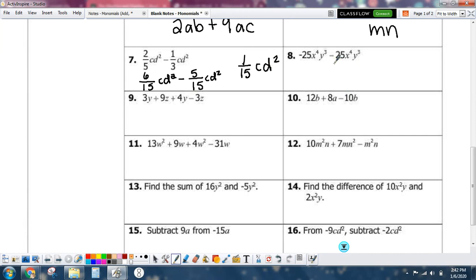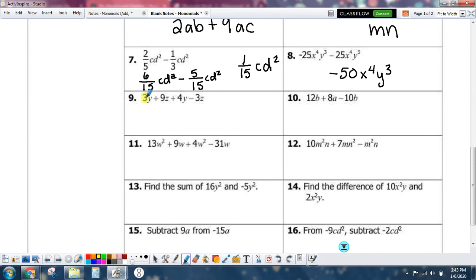Right, try 8. For 8, you should have gotten negative 50 x to the 4th, y to the 3rd. So for number 9, it's a little bit different here. We're not just working with one like term. We actually have 2 different sets of like terms. So remember when we would highlight and select our like terms? I'm going to do that here.